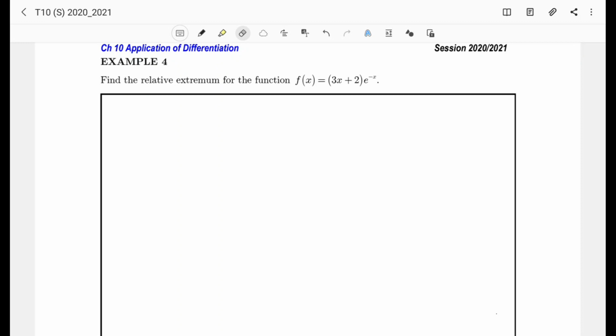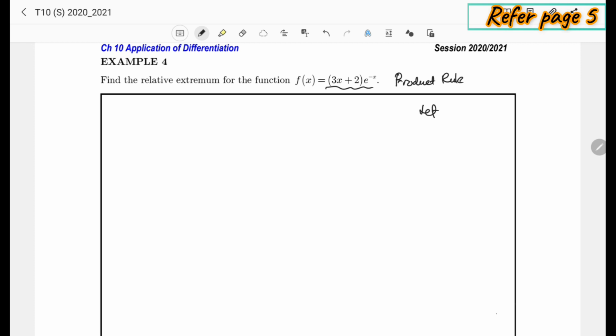Let's look at the second example for the first derivative test. So if you look here, this is in product form. So we need to use the product rule. So we're going to let u be 3x plus 2, so u prime is 3. So v is e to the negative x, so v prime is negative e to the negative x.